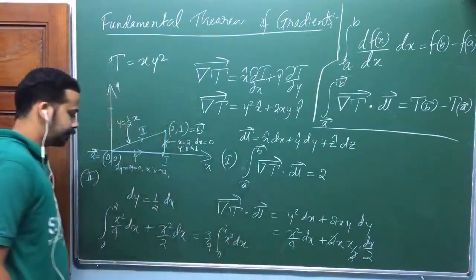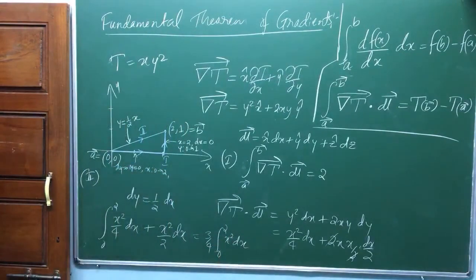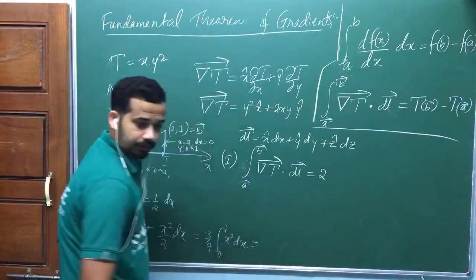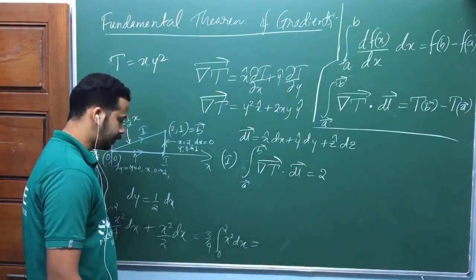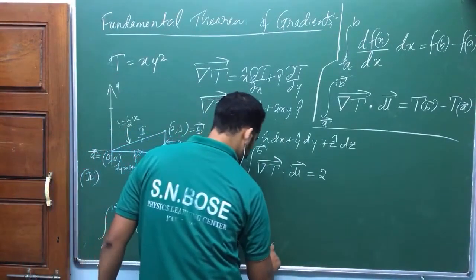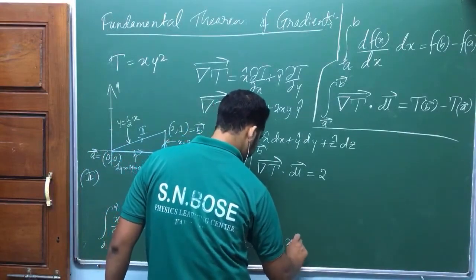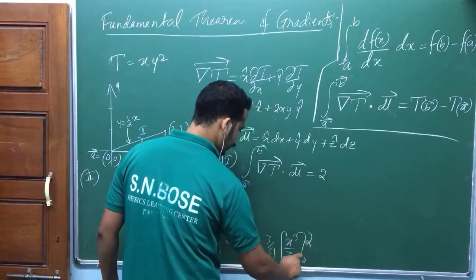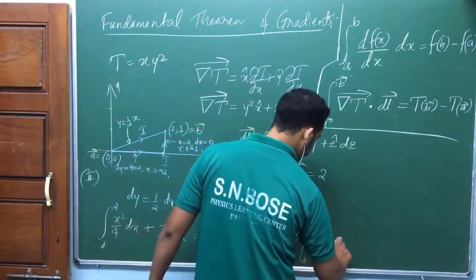Check this out. Am I right or not? Anyone? Are you doing it parallelly? Speak out. Yes, sir. Now 3 by 4 x cube by 3 running from 0 to 2. 2 cube is 8. 3 got cancelled. 8 by 4, 2 again.